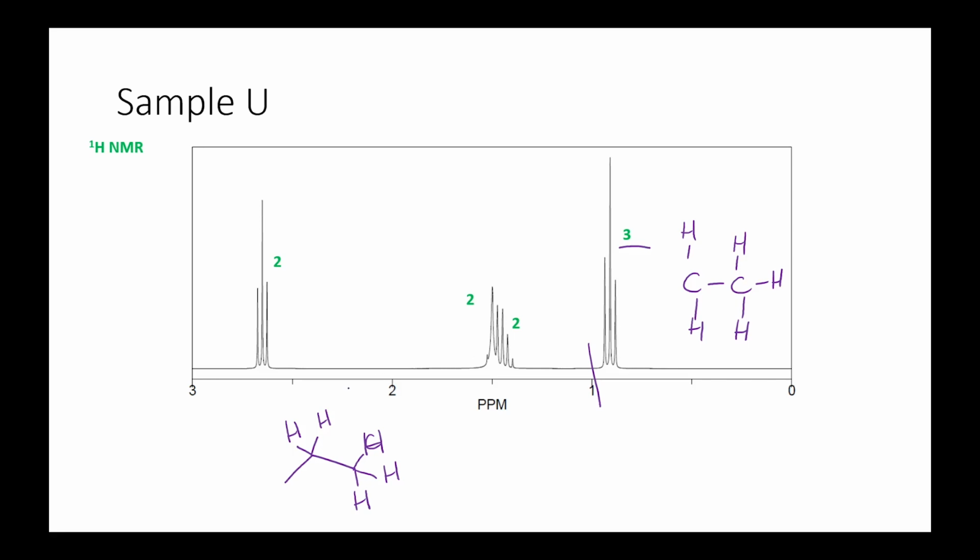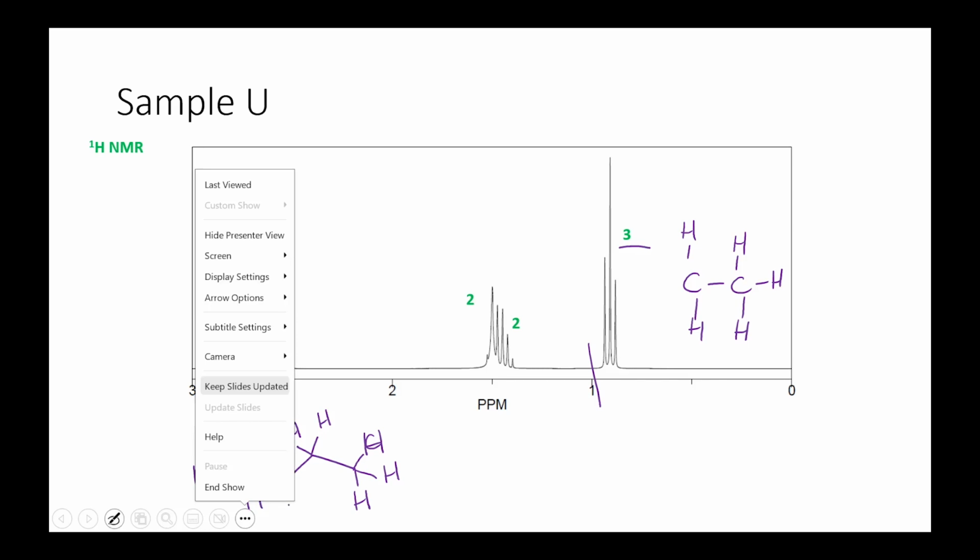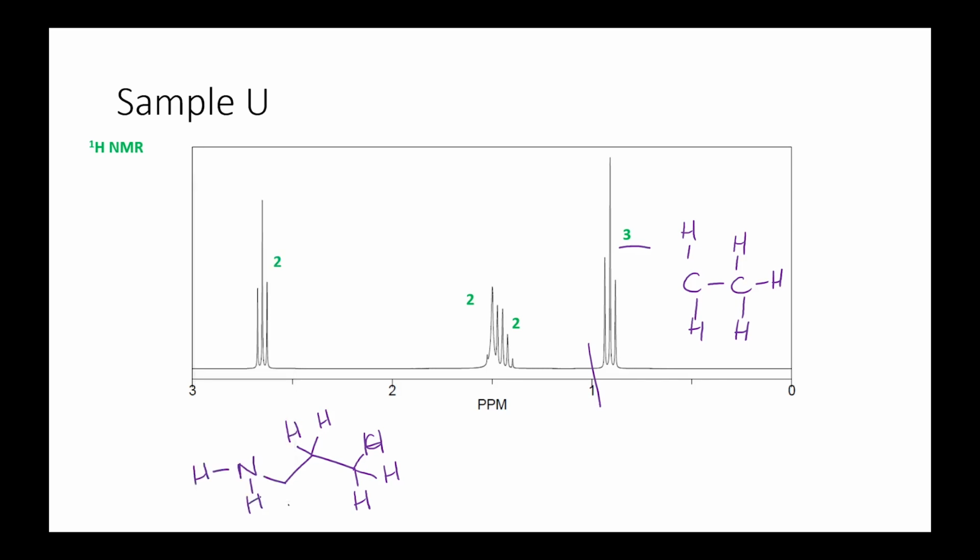So that's the next step I can take, to put in my terminal amine. And this means that we have what is called a primary amine. So a primary amine, kind of like a primary alcohol, is an amine that only has 1 R group attached, or 1 carbon chain, and 2 hydrogens.